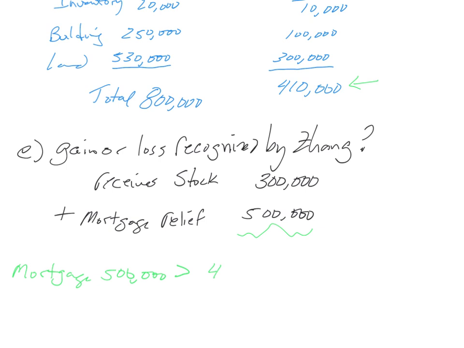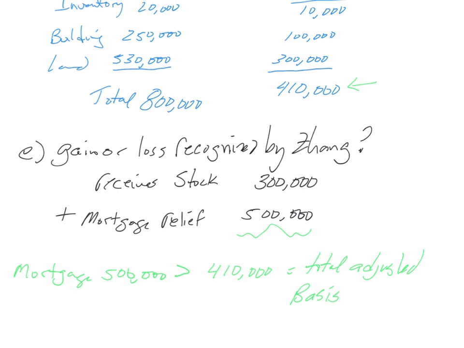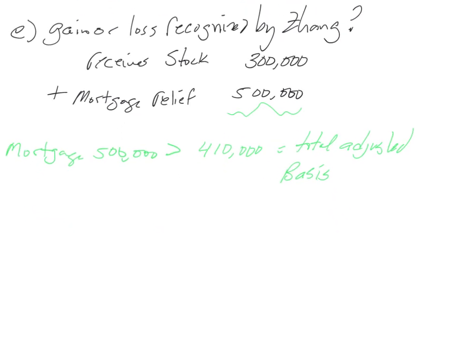So that's greater than $410,000, which is the total adjusted basis of contributed property.